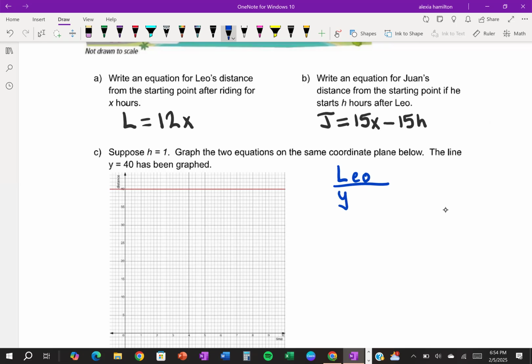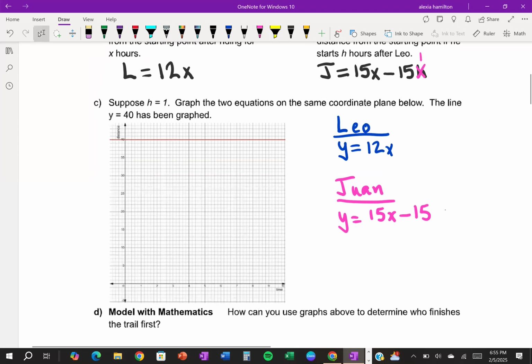I guess I should actually use y's and x's. y is equal to 12x. And then we'll do h equals 1. His equation would be y equals 15x minus 15 times 1. Well, 15 times 1 is just 15. Okay, so those are the two equations that we're going to graph.